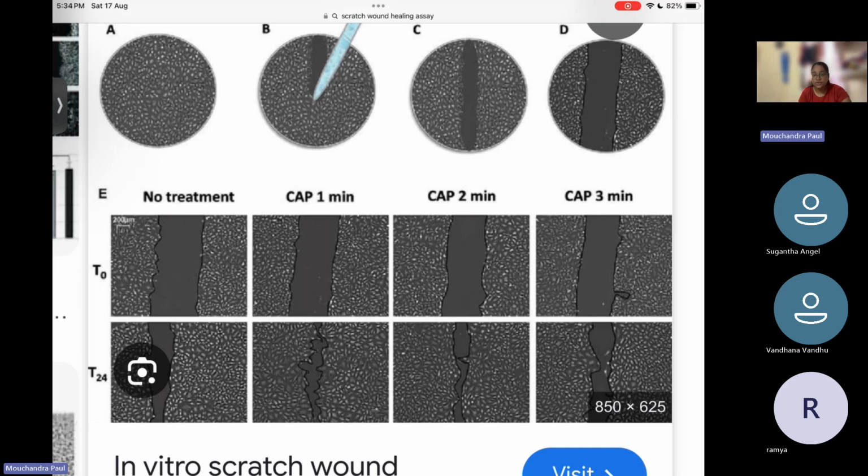And slowly it will completely make the scratch disappear, and you will see again a monolayer of cells. So this is called scratch wound assay that we do in vitro after growing some number of cells on a smooth surface like a petri dish, a glass slide, or something like that. Okay. And then we do this assay.